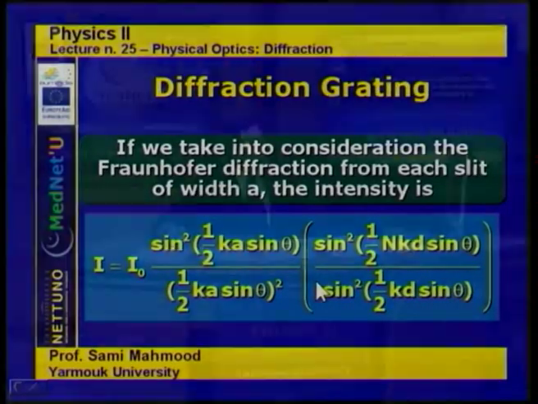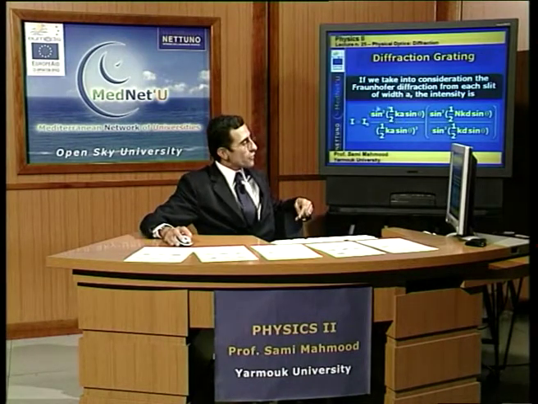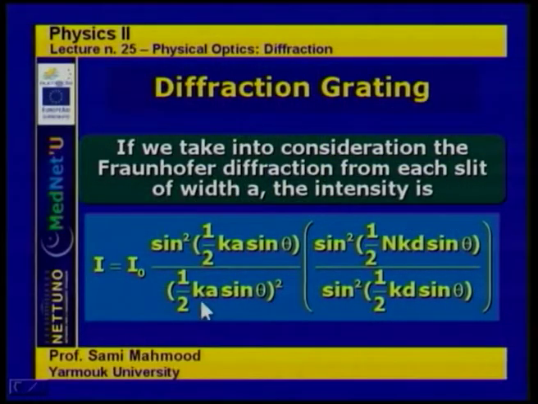Now remember that we have derived the first term, sine squared of 1/2 Ka sine θ over 1/2 Ka sine θ all squared.